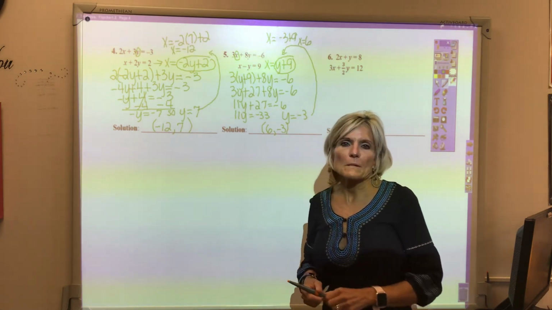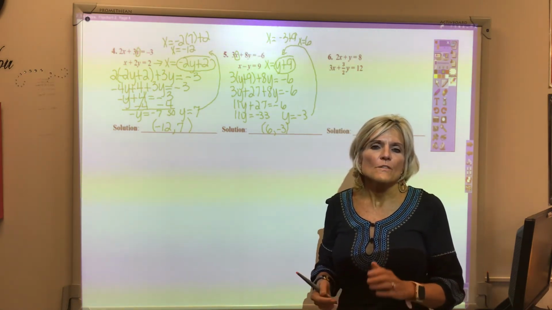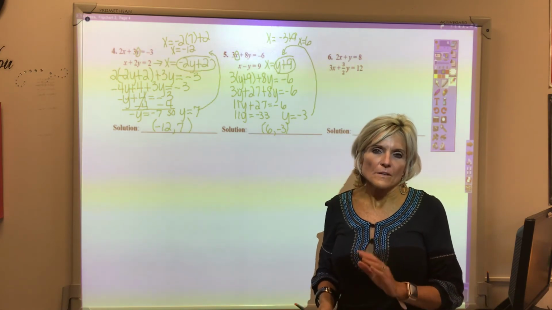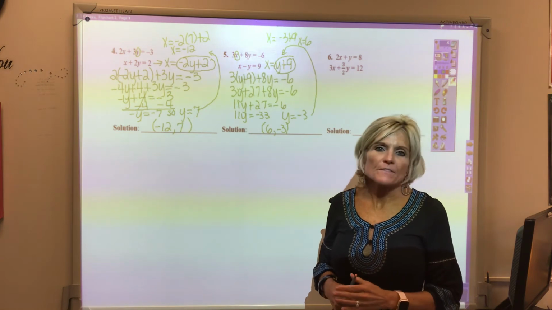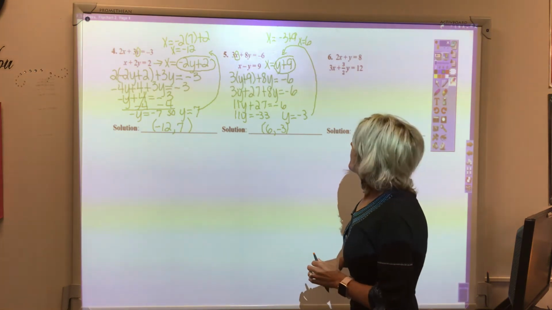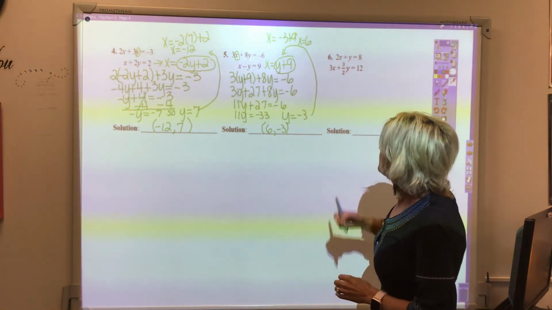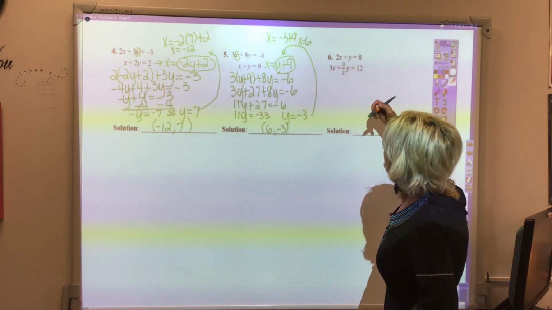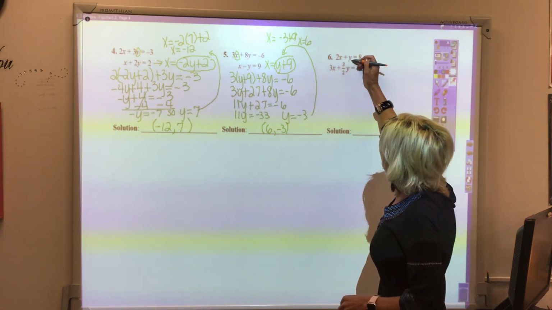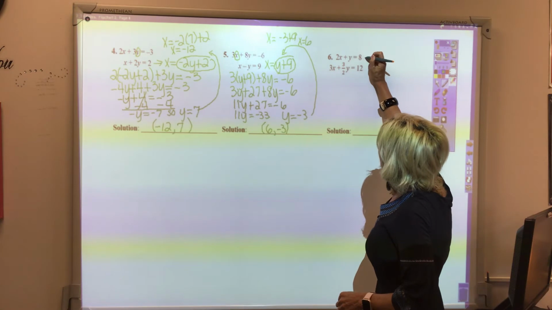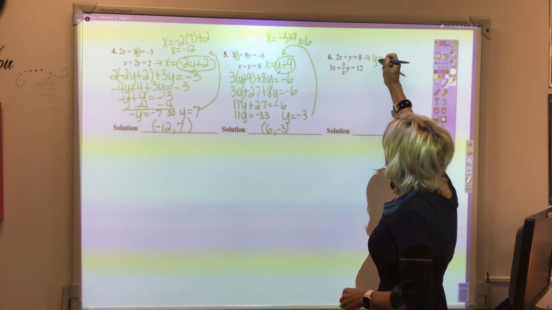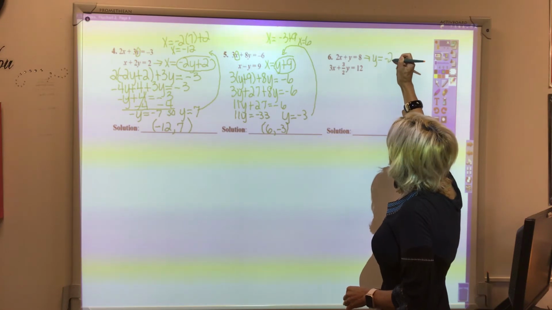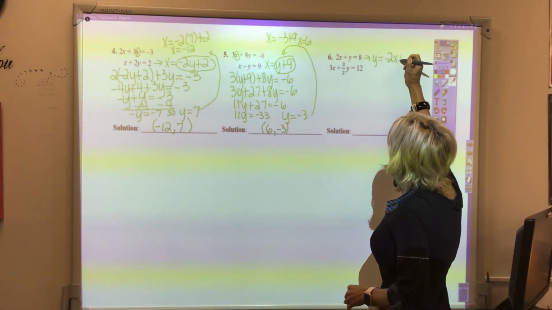And I know I'm going fast on these, so feel free to pause and rewind and watch again if need be. On the third system, I think this time I'm going to get this y by itself. And in order to do that, I can rewrite the equation as y equals negative 2x plus 8.